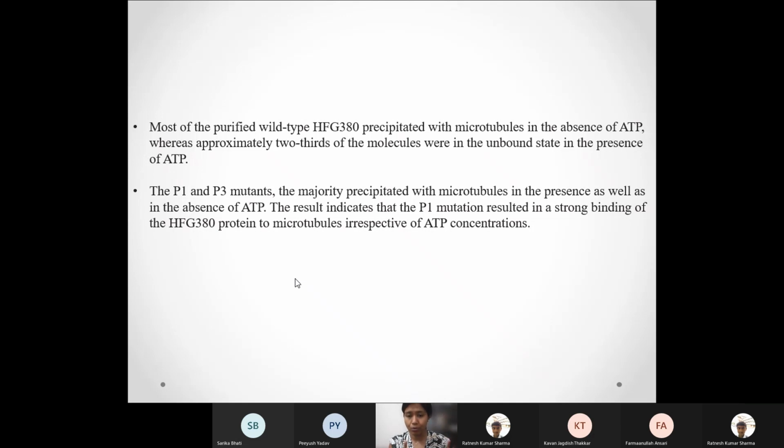this entire power stroke. So they did this mutation analysis, mutation scan. Before that, they had a pre-idea from the sequence, from a structural analysis that AAA1, AAA2, AAA3, AAA4 are potential ATPase hydrolysis subdomains, not AAA5 and AAA6.